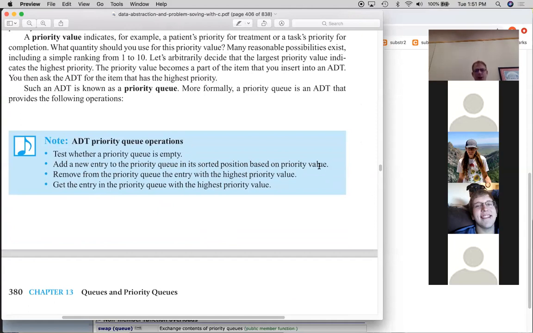All we really care about is that when I call the top function or the pop function, I have an easy way to find which item has the highest priority. So we've got add a new entry, remove the entry with the highest priority value, or return the entry with the highest priority value. Basically, three important operations.